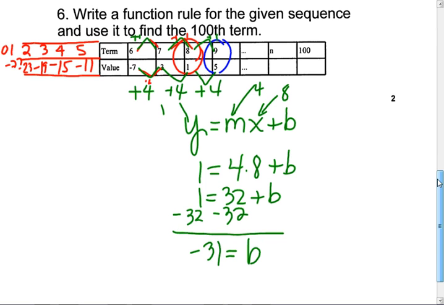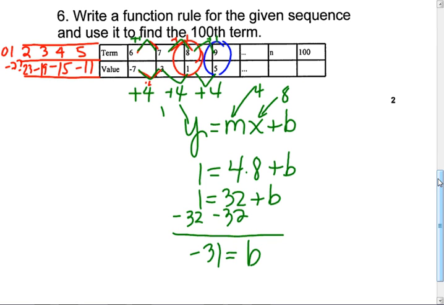Then the other class said, well, why did you choose 8, 1? I said, I don't have to. I could choose 9, 5. So let's do that in blue. 5 is equal to the slope, which is 4, times the x, which is 9, plus b. Guess what? You do the math, it's negative 31.